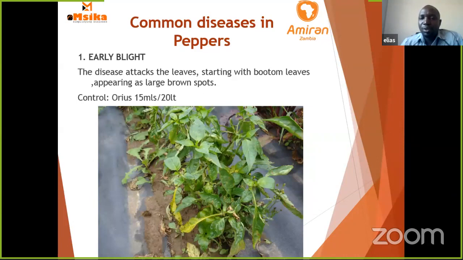It attacks mostly the small plants at the beginning of their growth, and it can really cause havoc to the crop if left unattended. But we have a solution in terms of control, which is Orias. Orias is simply tebuconazole at the rate of 15 mils in 20 liters of water.